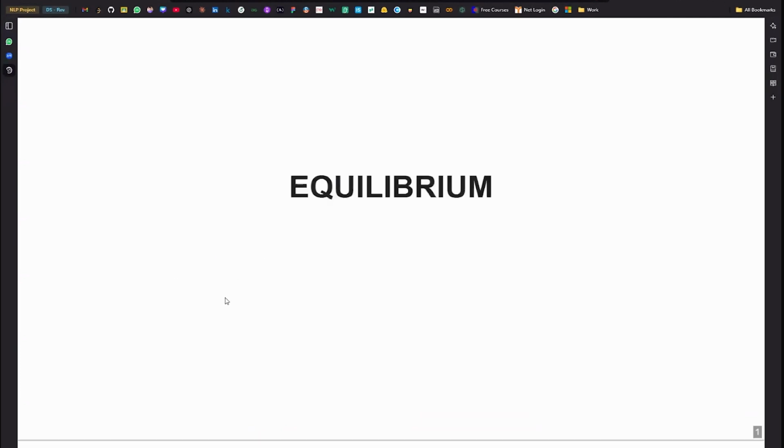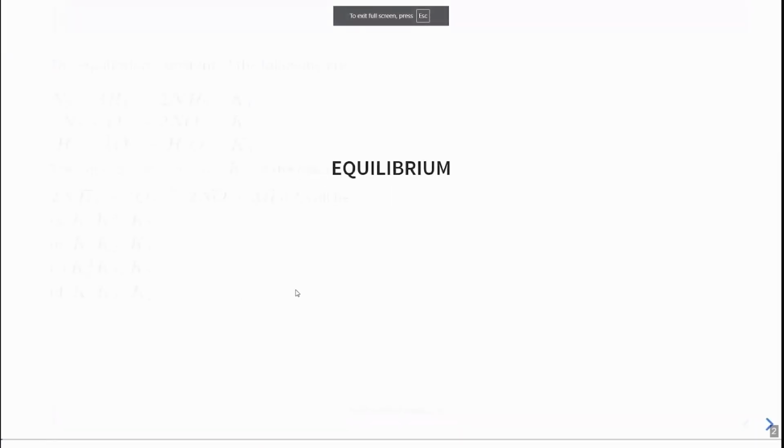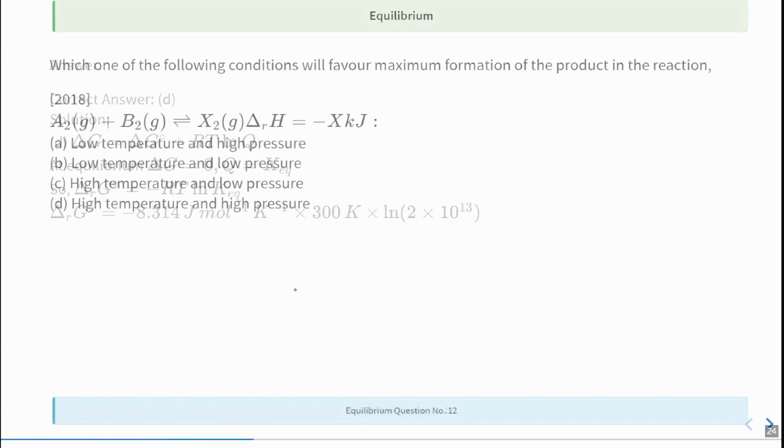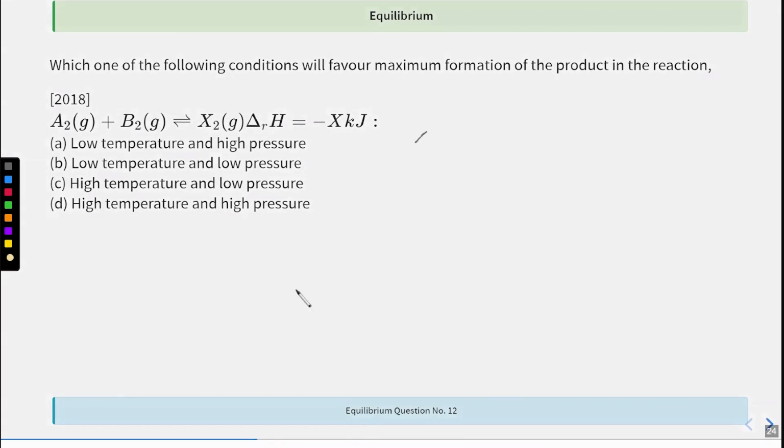So we have a reactant A, a reactant B, and a reactant that gives us C and D. So I have A2, I have B2, I have X2. Make sense?